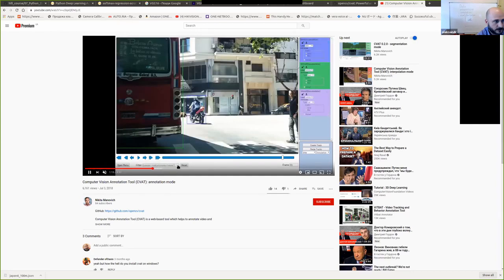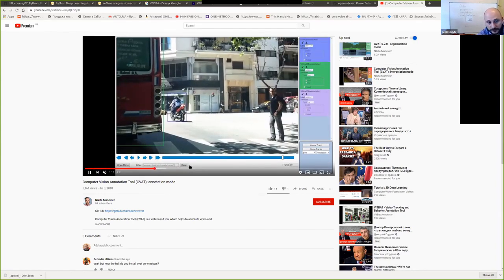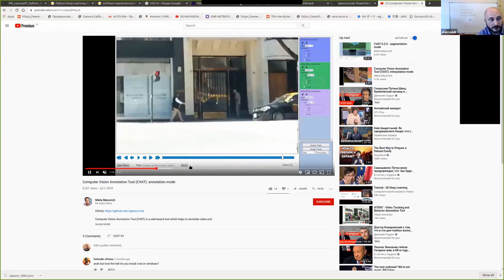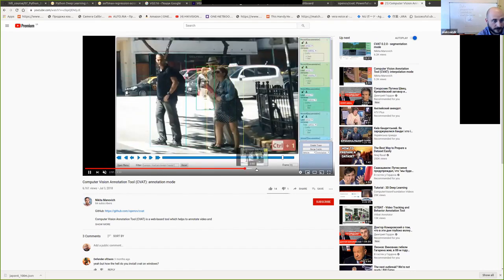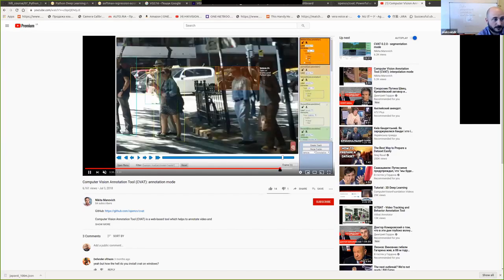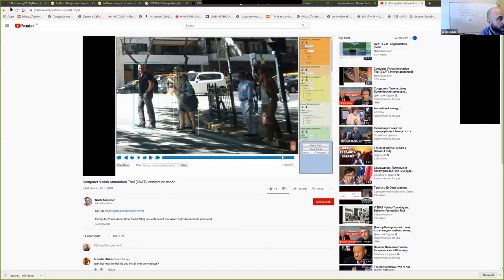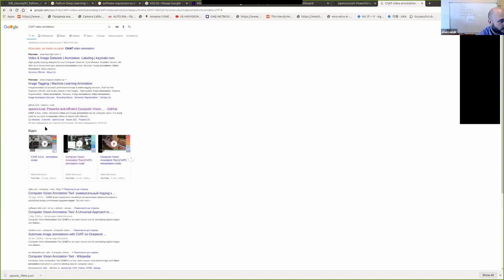Just a moment. So this is an annotation for object detection. They put bounding boxes where it is needed. But they can also do things with segmentation and interpolation for video. Let me try to find interpolation mode. Interesting.